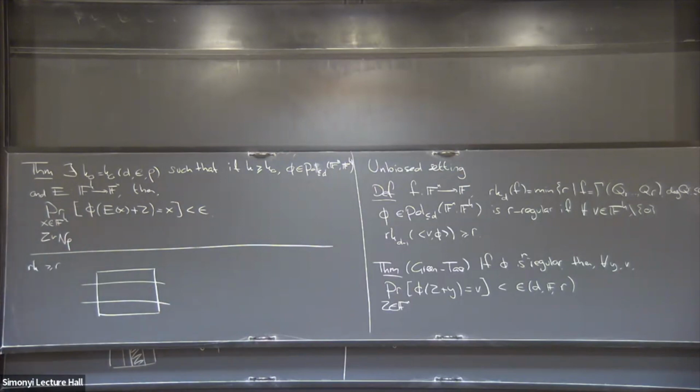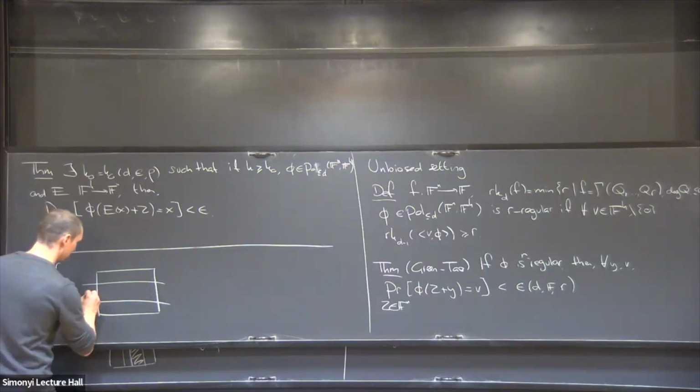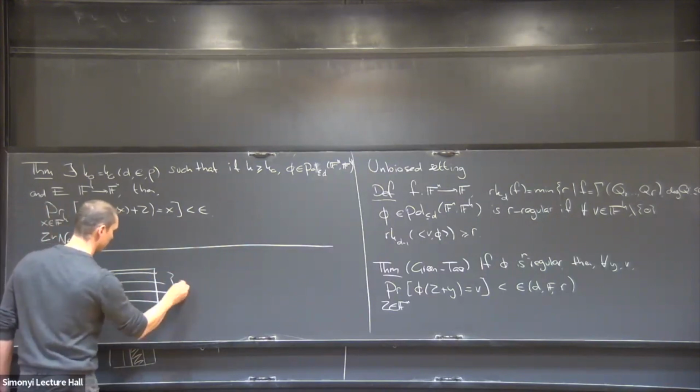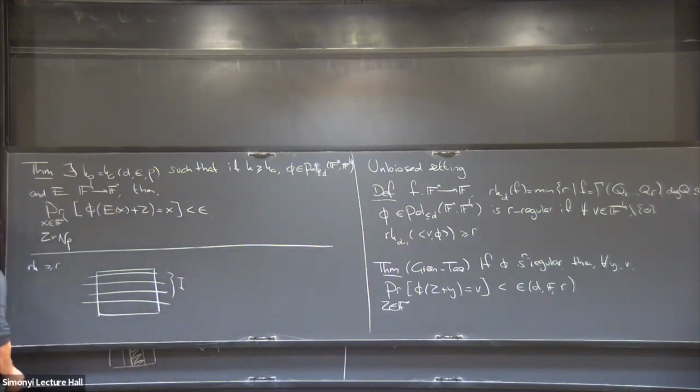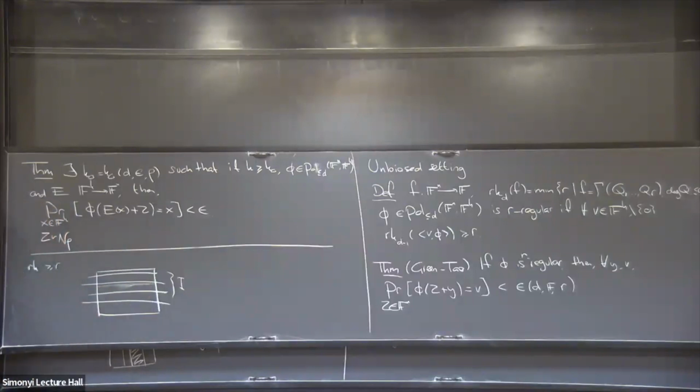So now suppose that you sample these rows according to a Bernoulli distribution. Then with high probability, you're going to sample a significant fraction of them. So with high probability, say a random set I is going to contain a significant fraction of the linearly independent rows.